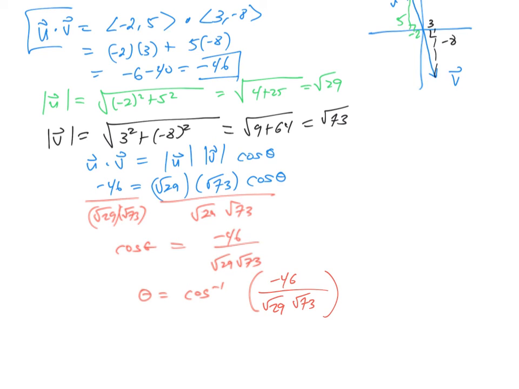You can put that into your calculator directly. I would use control divide to get the template. If you punch all that in, you get 178.8 degrees as the angle between the vectors.